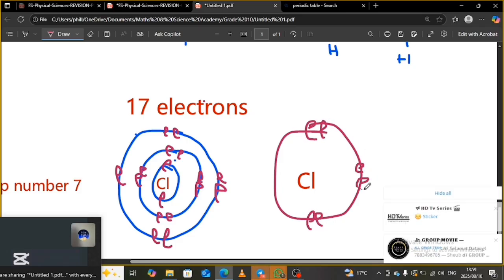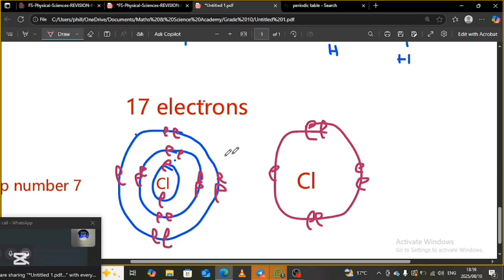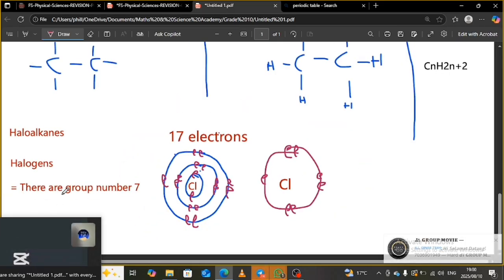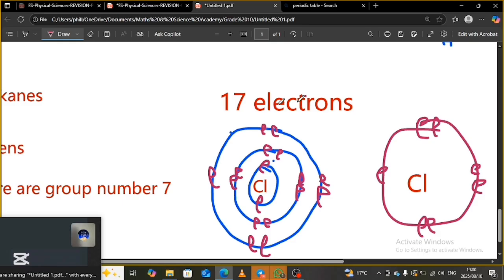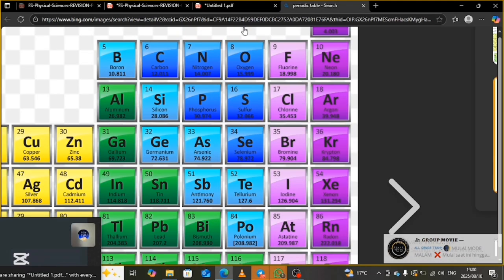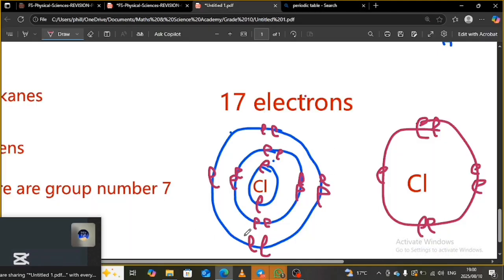As we can see, halogens are grouped under group number 7. From this we can conclude that all halogens have 7 valence electrons, and this implies that all of them are only missing 1 electron for their shell to be filled.